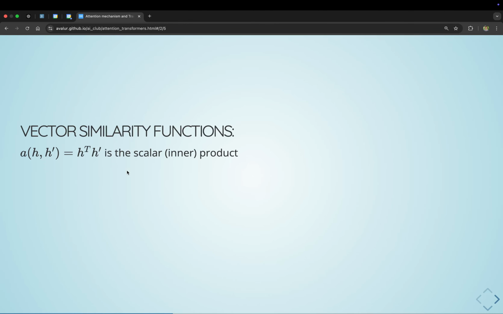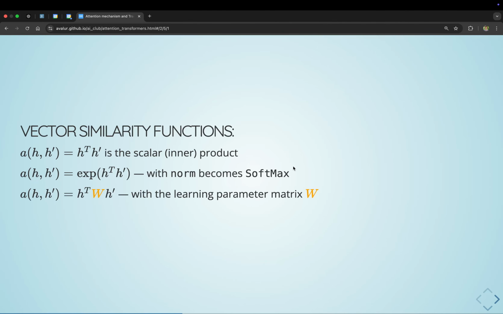And of course we can use the exponent of this dot product, and if we normalize it, then it simply becomes the softmax function for attention scores.